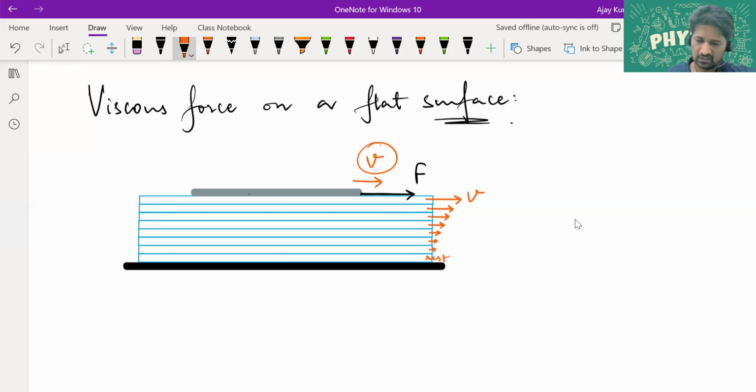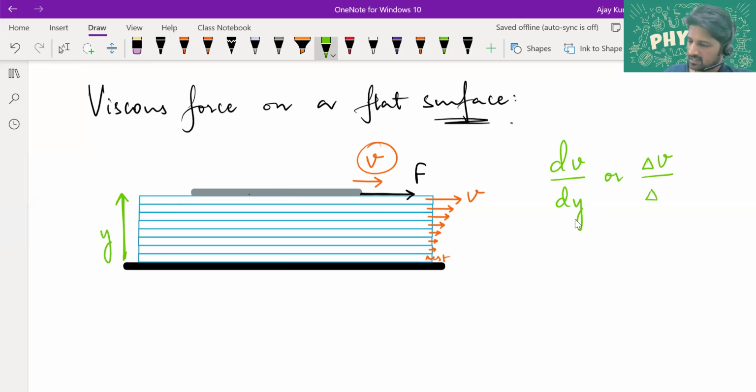So here, as you move away from the surface in this y direction, the velocity of layers is varying. There is a certain rate at which velocity changes from layer to layer, dv by dy, or average rate of change, you can write delta v by delta y. This is what we call the velocity gradient.